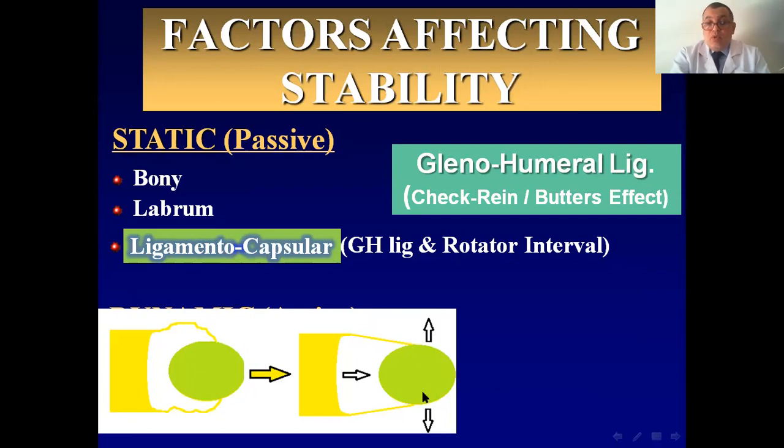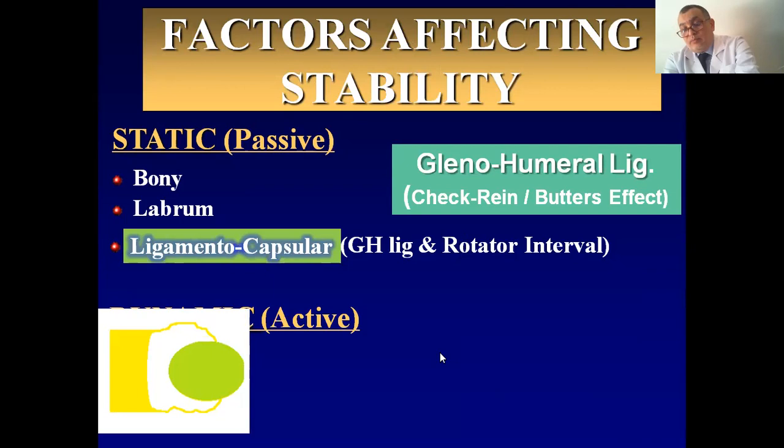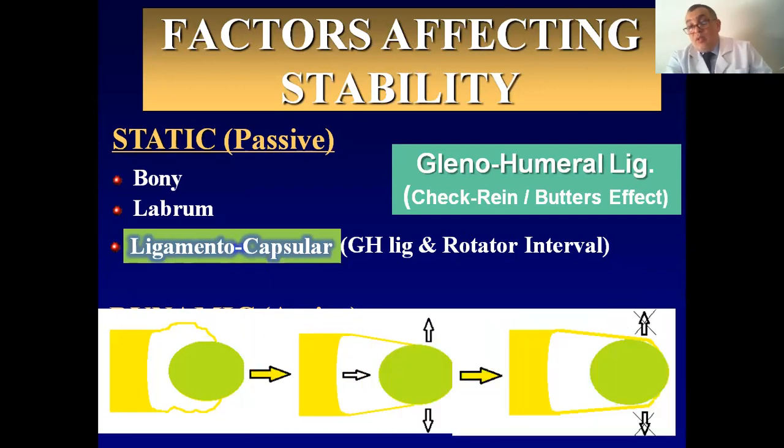To prevent side motion, the attachment of the glenohumeral ligament must be further lateral over the head. This would add a buttress effect to the glenohumeral ligament, thus preventing any anterior or posterior translation of the head.